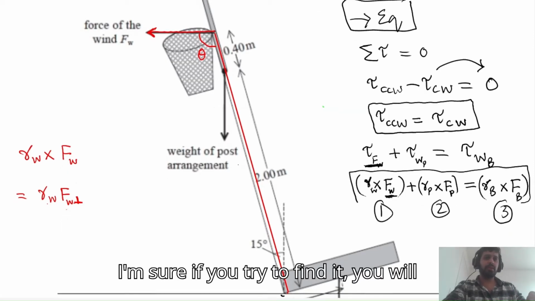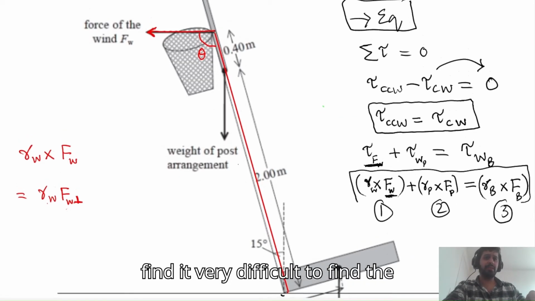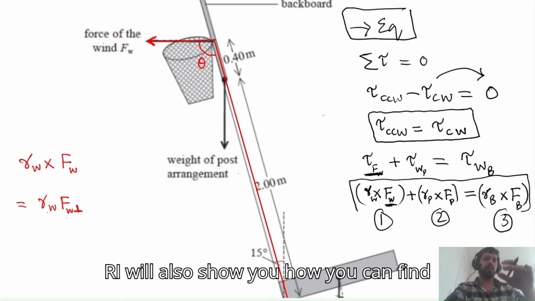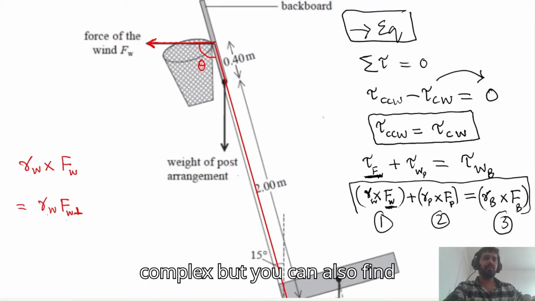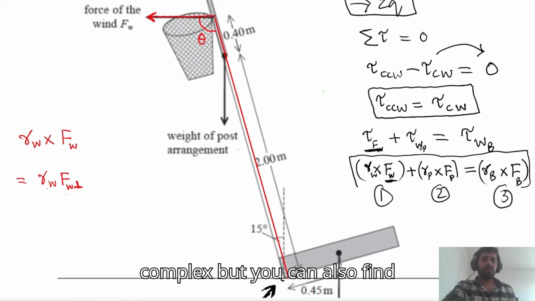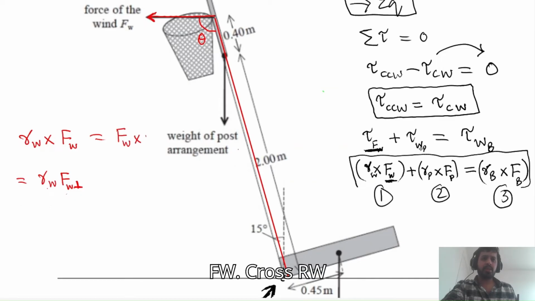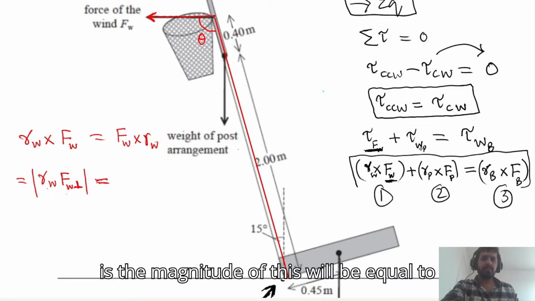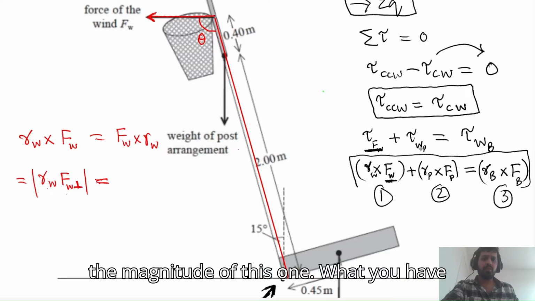I'm sure you will find it very difficult to find the component of F which is perpendicular to R. I will also show you how you can find it, but you will see that it is very complex. But you can also find Fw cross Rw. And in this case, the magnitude of this will be equal to the magnitude of this one.